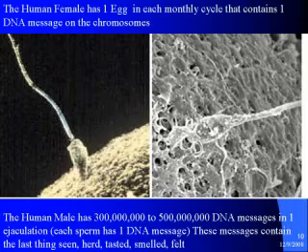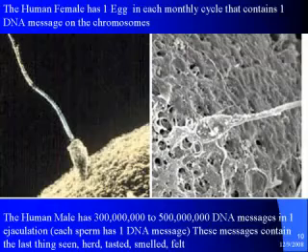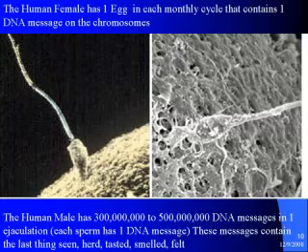Now, this 1 DNA message has the building blocks of life. A male in 1 ejaculation has anywhere between 300 million to 500 million DNA messages. She has 1, he's got 300 million to 500 million.